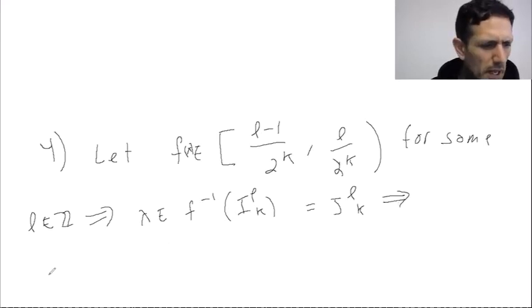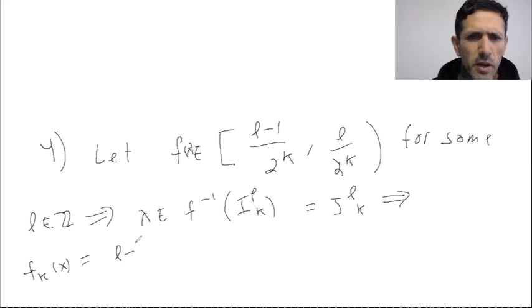So that implies, because x is in J_L^k, fk of x, literally by definition, is (L minus 1) over 2 to the k.